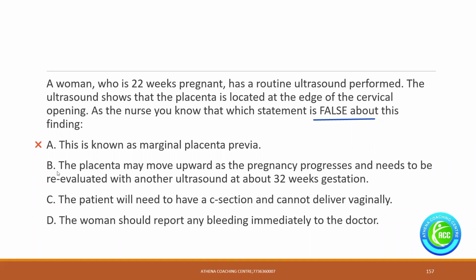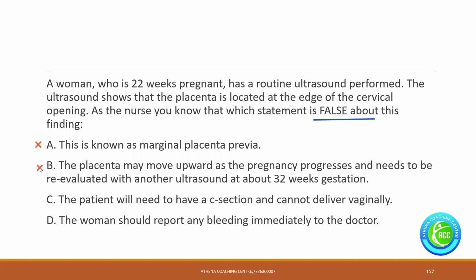Even this is a true statement because marginal placenta previa usually resolves by itself, and as the gestational age advances, there may be a chance of the placenta moving a bit upward so that it doesn't require any treatment. So this is a true statement regarding marginal placenta previa.